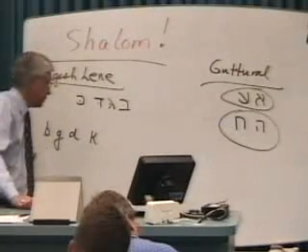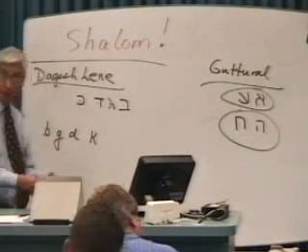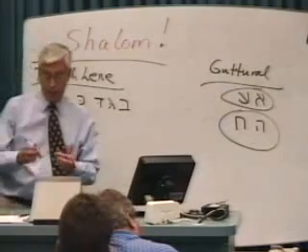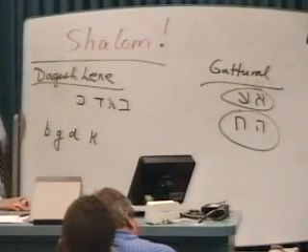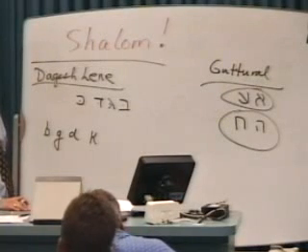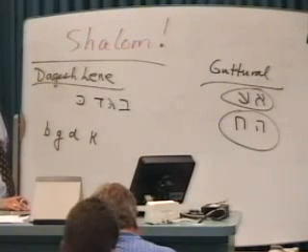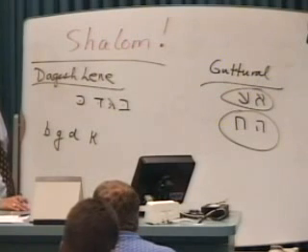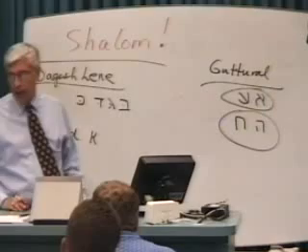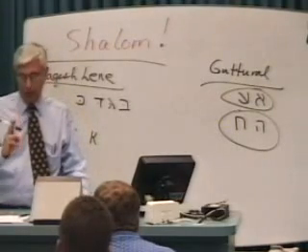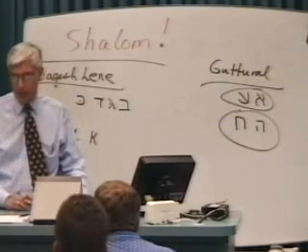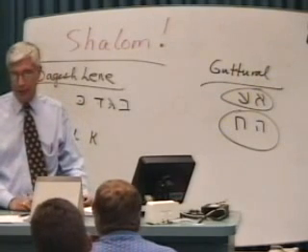And with the pe, we have a nice distinction between the hard and the soft, and I told you about that before. The hard pe is P. The soft pe is F, as in telephone, right? In fact, some people think that the H's in our English tradition are roughly equivalent to the softened consonants that you get with the lack of dagesh lene.